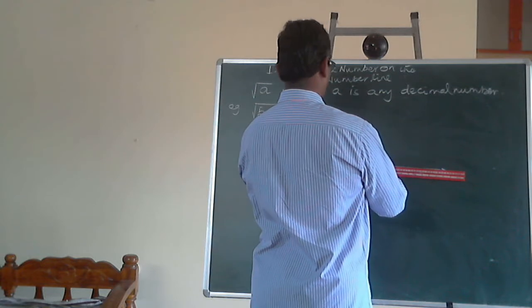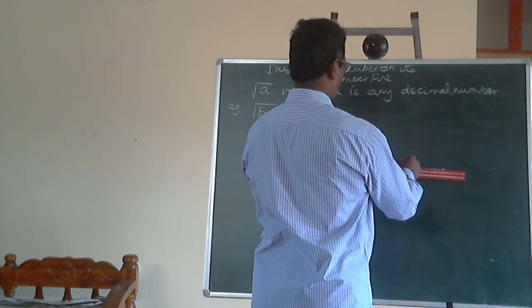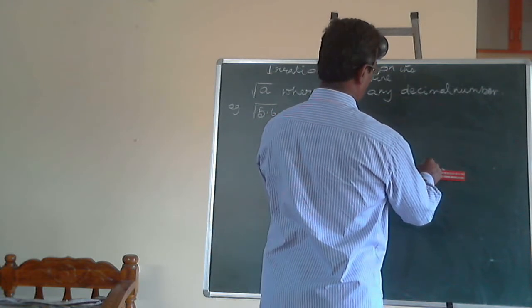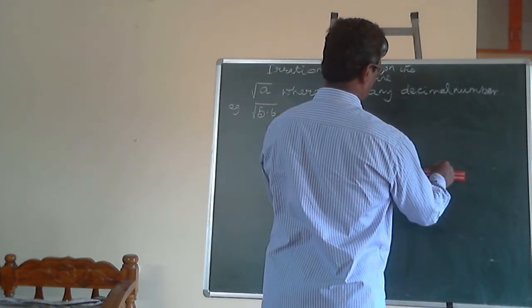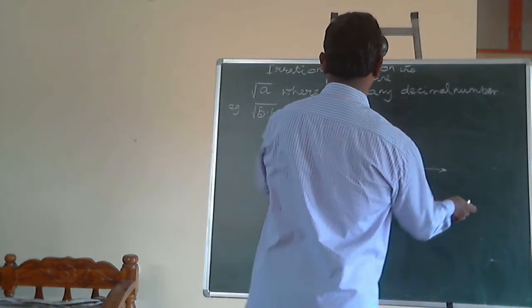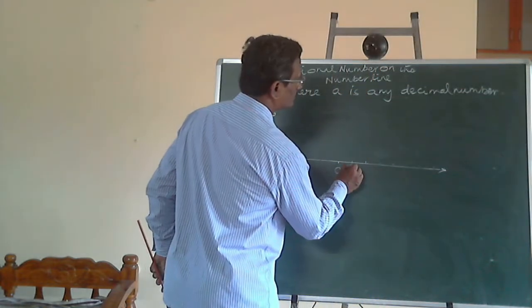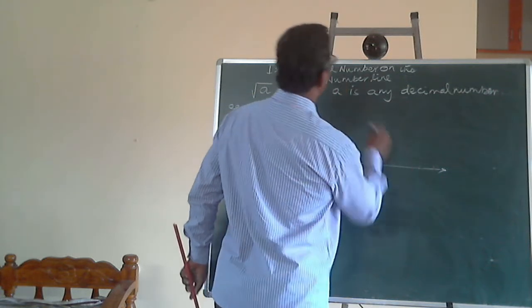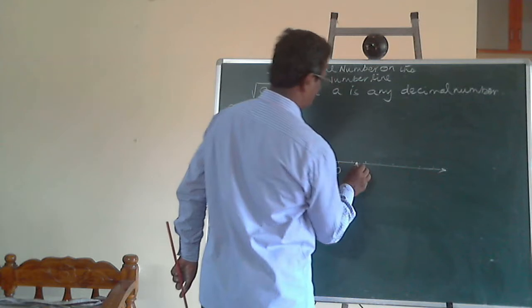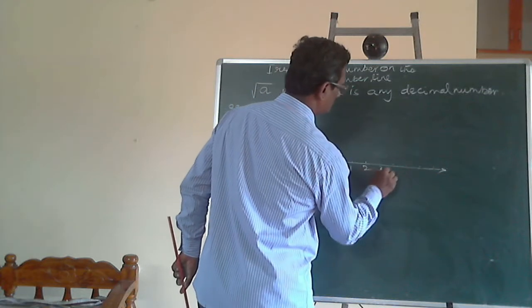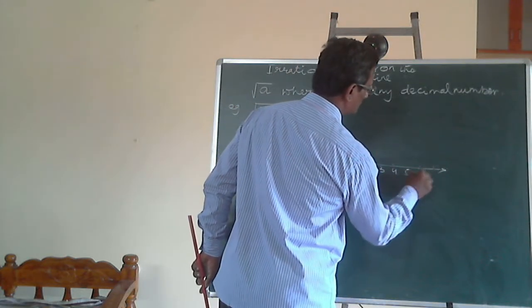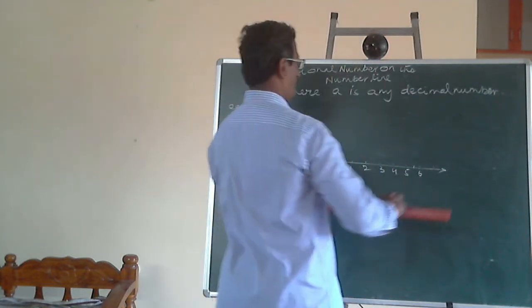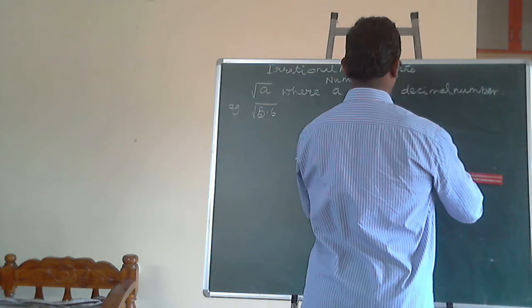1, 2, 3, 4, 5, 6. We want 5.6. 5.6 approximately comes here. 5.6 plus 1.